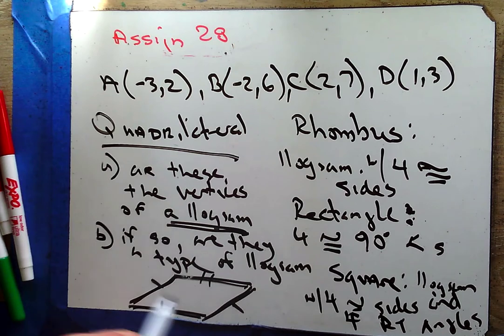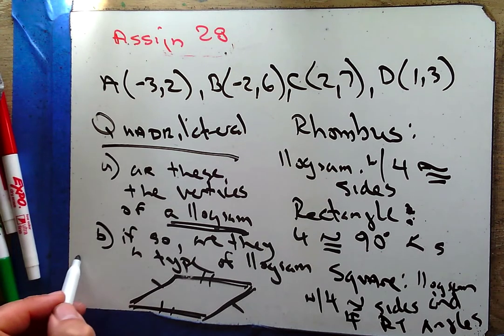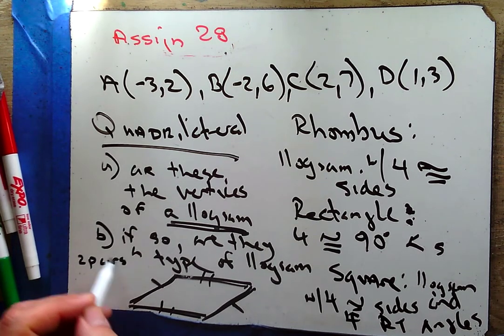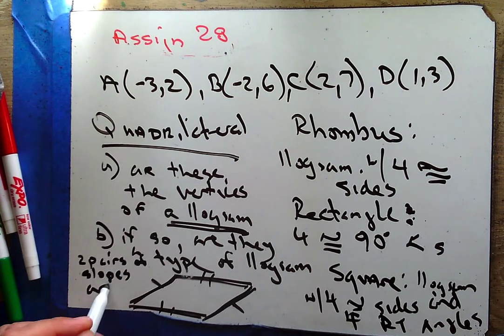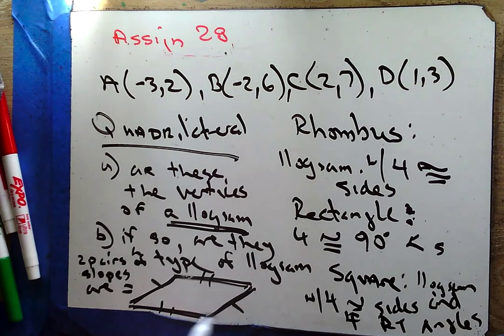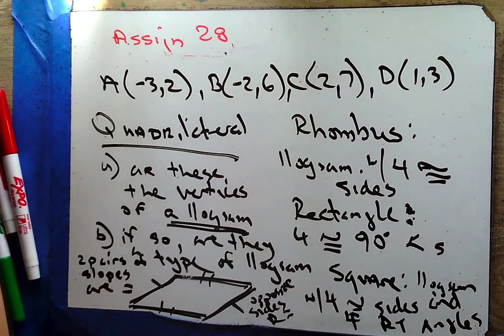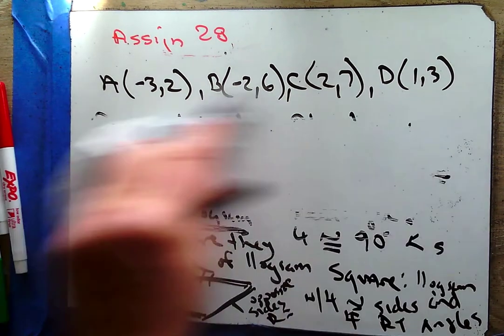So we could know that this is a parallelogram because two pairs of slopes are equal, or because opposite sides are equal.